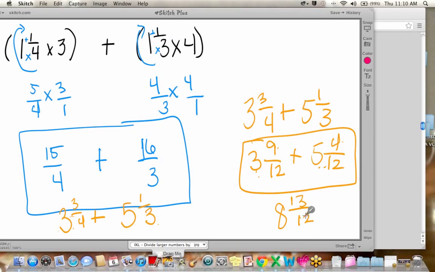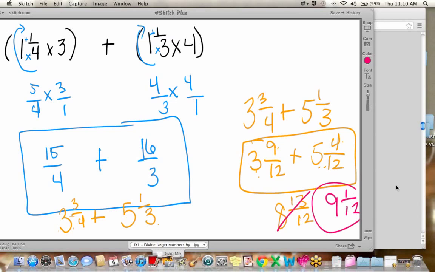I can take 12/12 out and make it a whole. What would be left? 1. Okay, so I took 12/12 out of there and made it another whole number. So I added that whole number to the 8, so it became 9. And what was left over is 1. So your answer is 9 1/12.